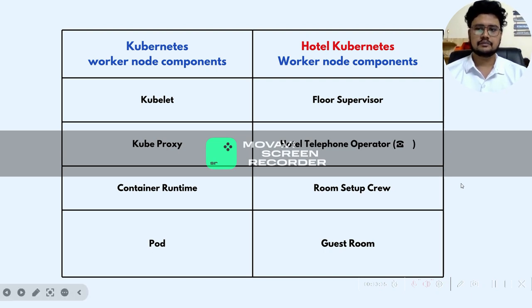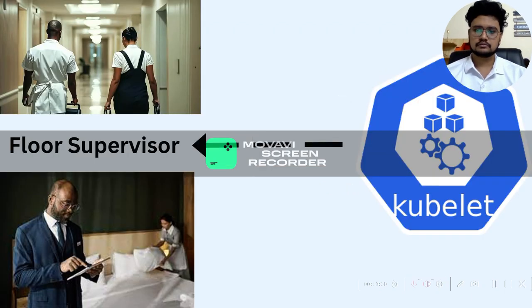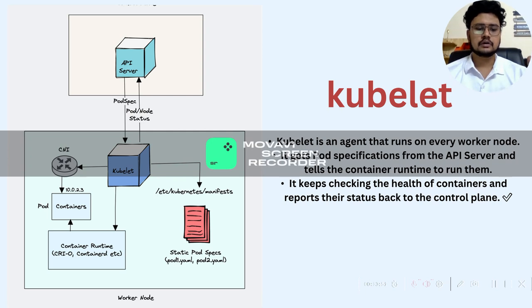Here we're going to see the first component in the worker node, which is Kubelet. We're going to consider it as a floor supervisor. On each floor, which is a worker node of the hotel, there is a floor supervisor. When the reception, the API server, assigns the room, the supervisor makes sure the room is prepared exactly as requested.